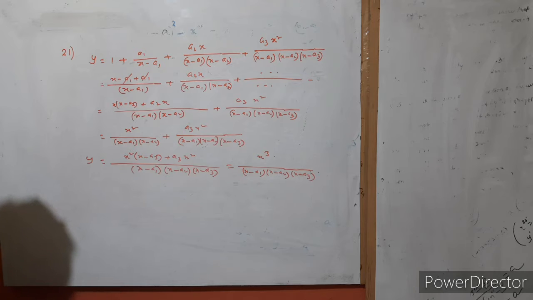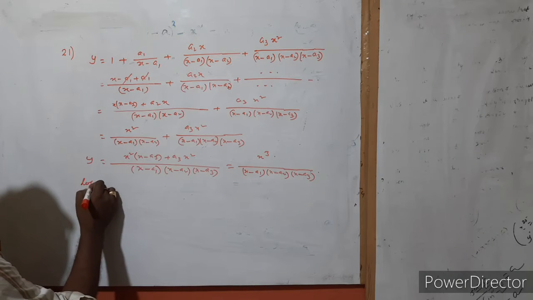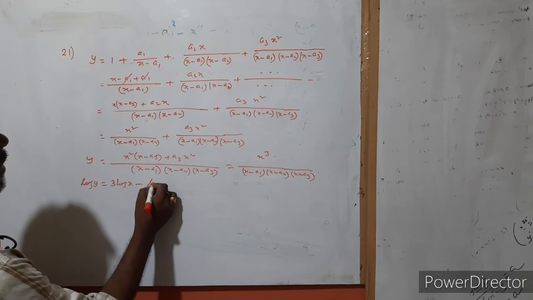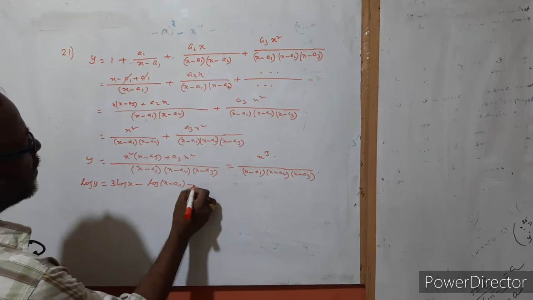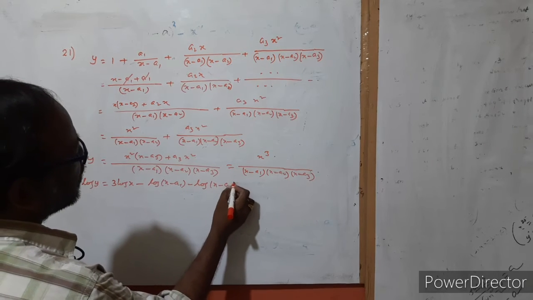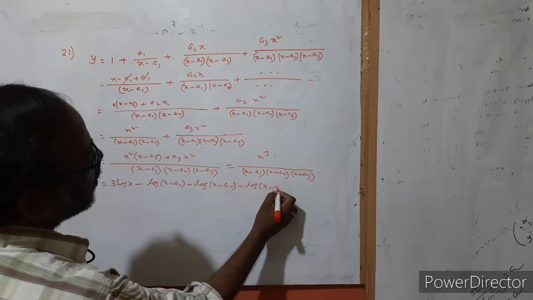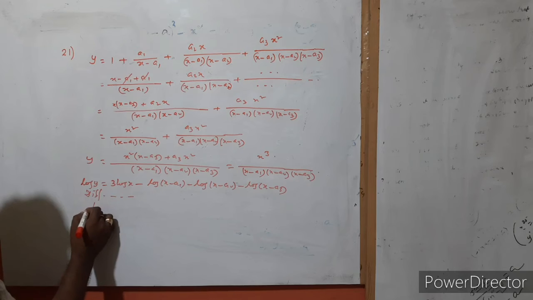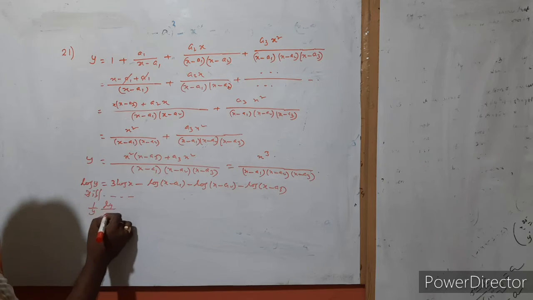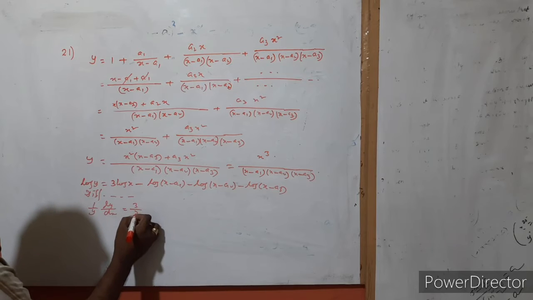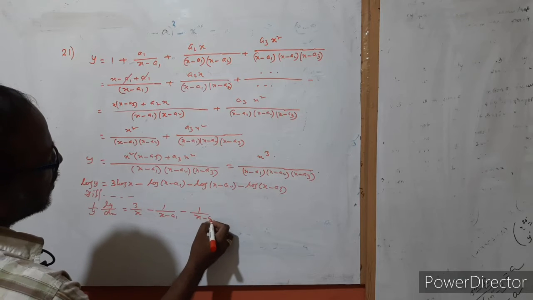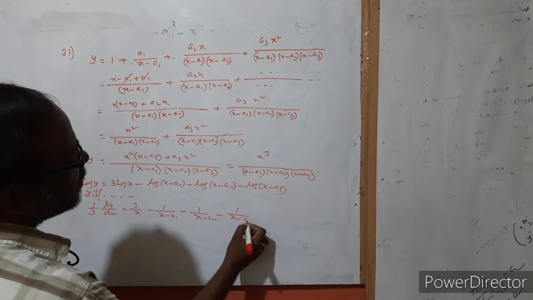For the simplification, first we have to take a logarithm on both sides, and see here 3 log x, log of x minus a1, log of x minus a2 and log of x minus a3, and differentiate both sides with respect to x. Then we get 1 by y dy dx, and this is 3 by x minus 1 by x minus a1 minus 1 by x minus a2 minus 1 by x minus a3.